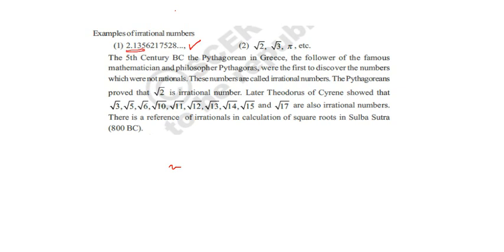Such type of numbers are non-terminating, non-recurring. This type of numbers are called irrational numbers.